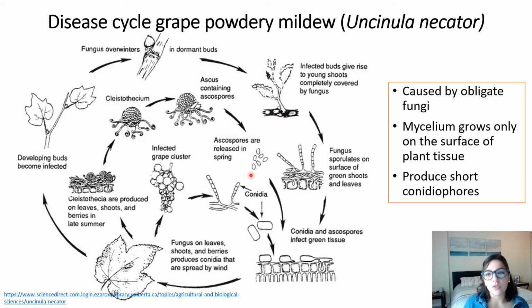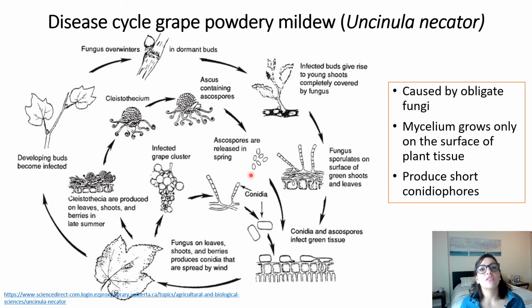It's important to know that the disease is caused by an obligate fungus. What's an obligate fungus? An obligate fungus is one that we cannot grow in any artificial media. So we cannot take an infected leaf with powdery mildew, bring it to the lab, and grow a plate with this one. It only grows if there is a susceptible host it can infect.